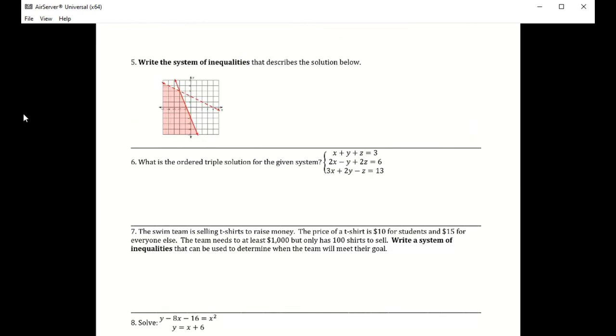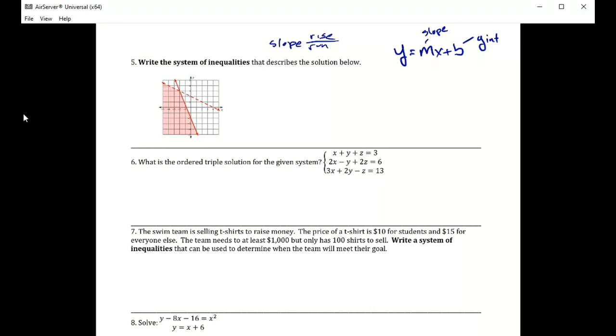Number 5, write a system of inequalities that describes the solution below. Oh, we need our lines. Remember our format for a line, y equals mx plus b, slope-intercept form, where b is our y-intercept and m is our slope. And slope, remember, is simply rise over run, the change in y over the change in x.